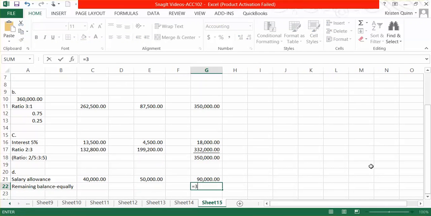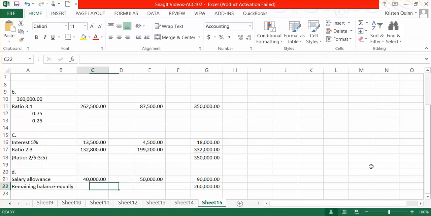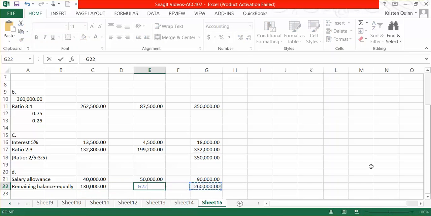We had $350,000. We just distributed $90,000, which means we have $260,000 left to distribute. And again, we're going to distribute it equally. So we take our total and we divide it in half for each one of our partners.